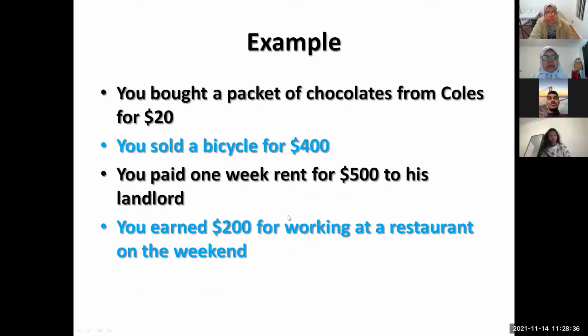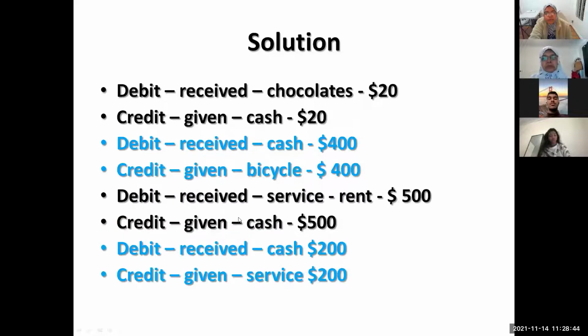Our last transaction here is you earned $200 for working at a restaurant on the weekend. Here again, we are receiving cash for $200 and we are giving service. So service is credited for $200 and cash is debited for $200. Did everyone understand this so far? Any question there? All good.